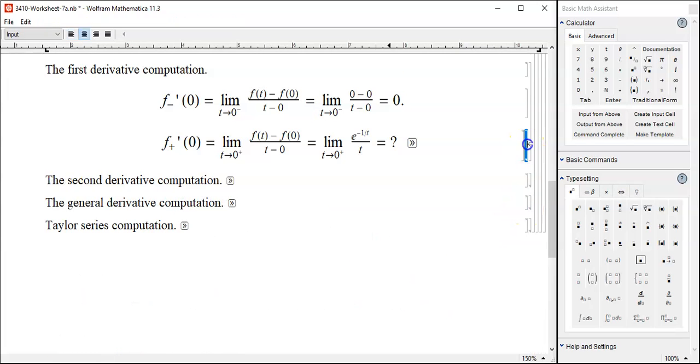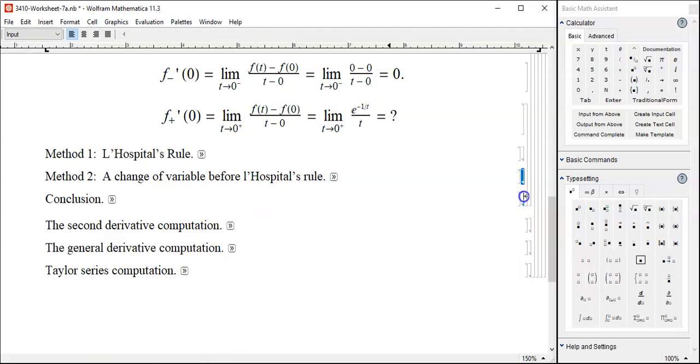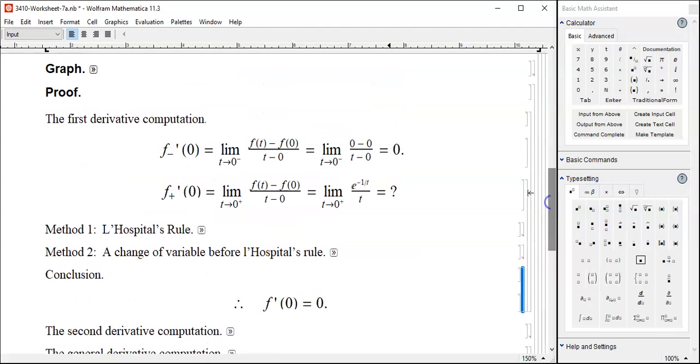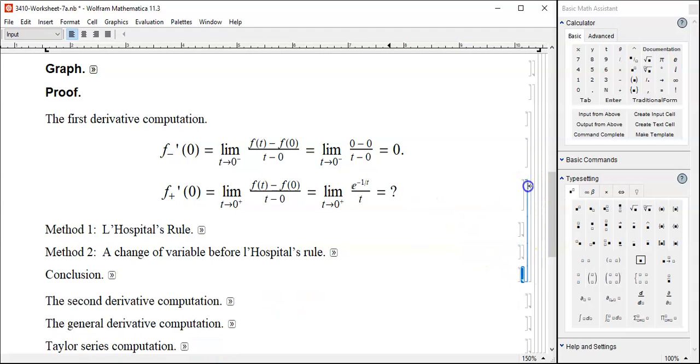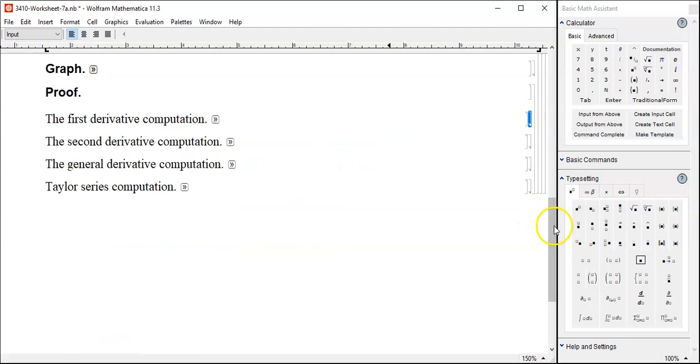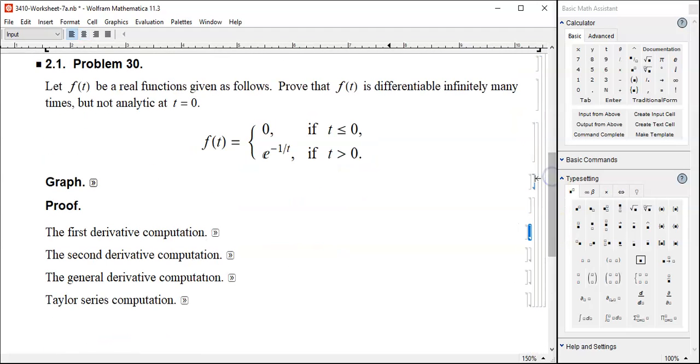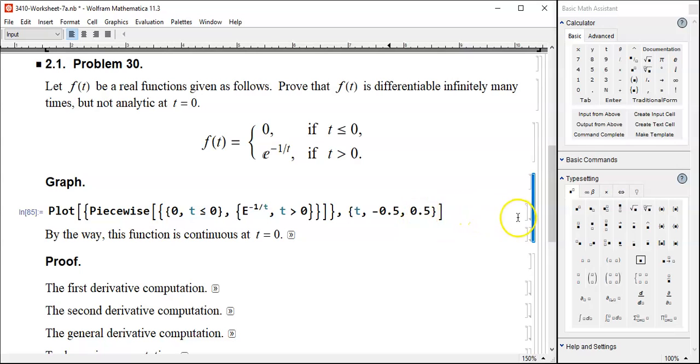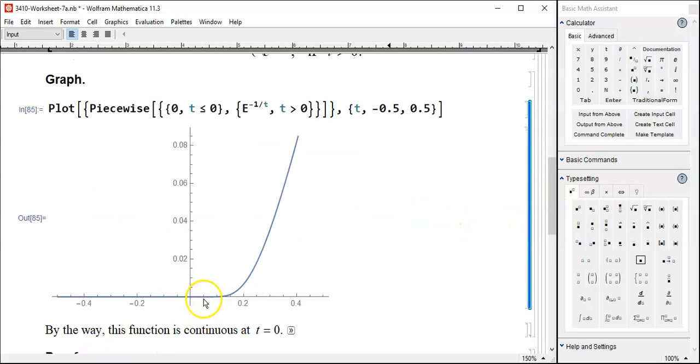And in the end, the conclusion: left-hand side limit is 0, right-hand side limit is also 0, so the limit exists, and the common value is the limit, and that is the derivative. Same as what we expected. Let's look at the graph again, and the graph was very, very flat. Around here, yes, slope is clearly 0, isn't it?